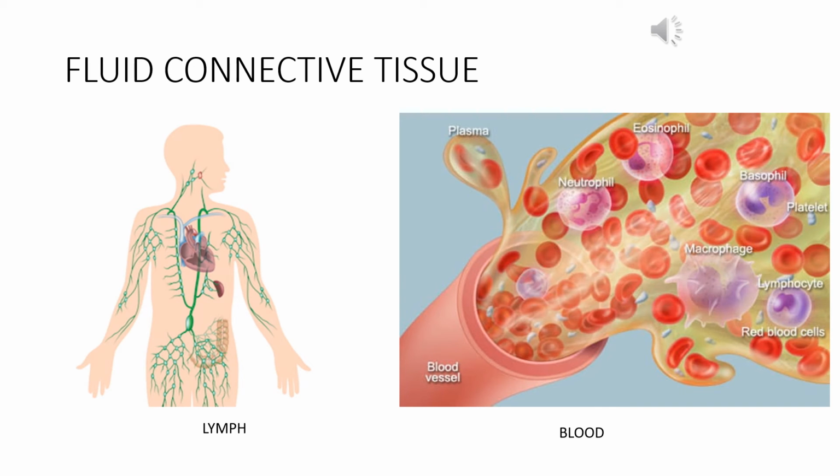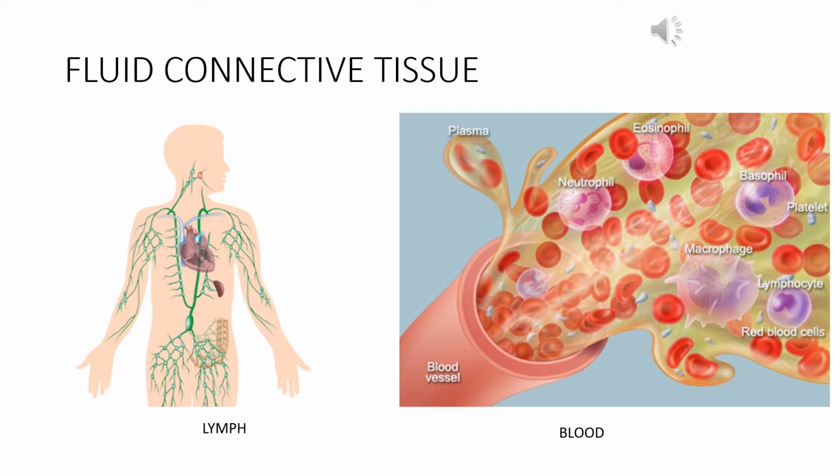The last of the connective tissue is fluid connective tissue. Fluid connective tissue is also of two types. One type is very well known to us, that is the blood. Now what does the blood comprise of? Blood comprises a liquid portion that makes up 55% of blood composition, and that liquid portion is known as plasma. It has different types of cells and proteins dissolved in it, and 45% of the blood composition accounts for different types of blood cells.